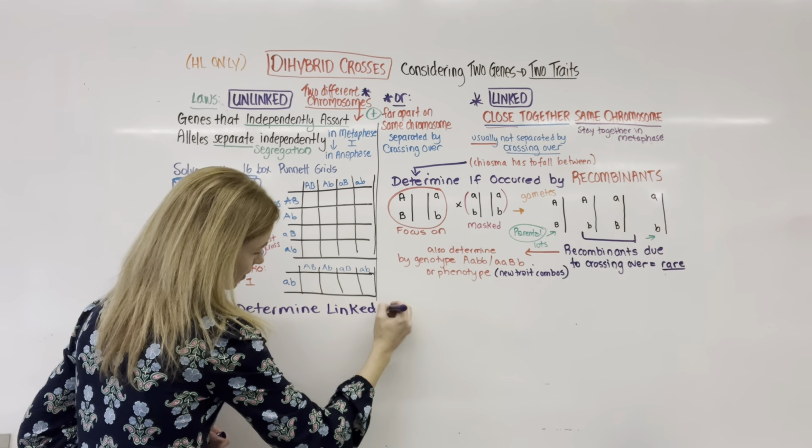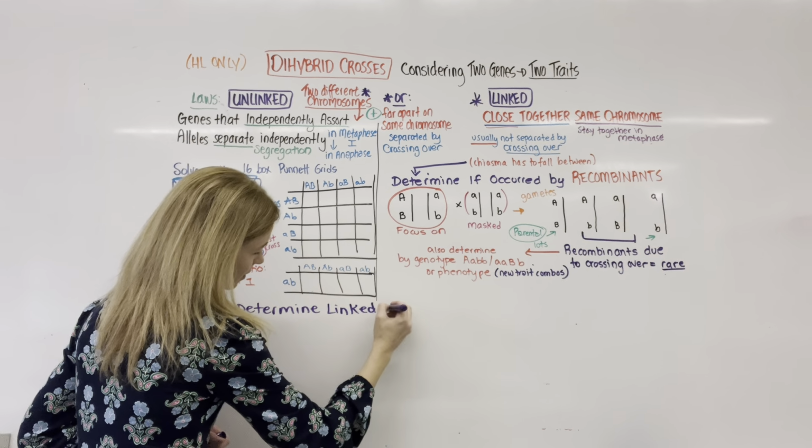So the null hypothesis is that it looks like this, or that there is no statistically significant difference between observed and what we would expect for independent assortment. So the null is always that they independently assort.